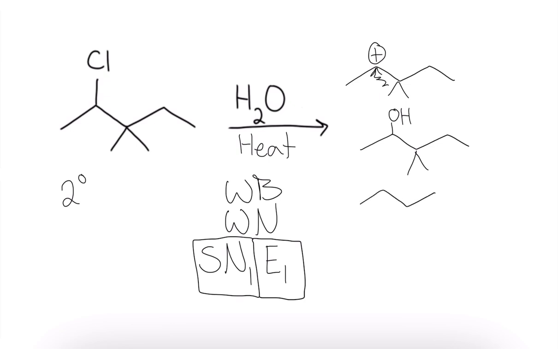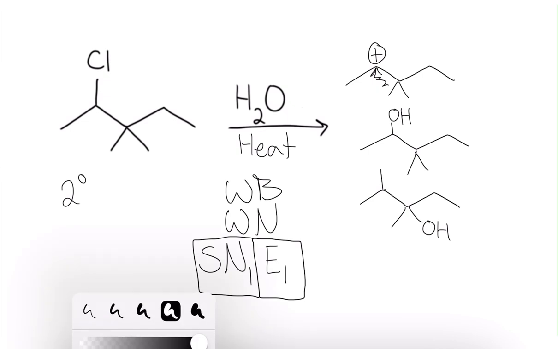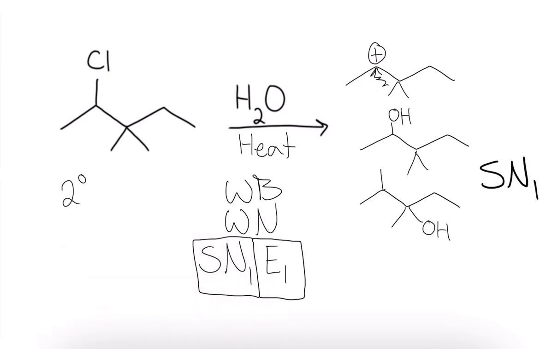And so that would produce this molecule right here, where the alcohol is forming on that tertiary carbon. So those are going to be our SN1 products.